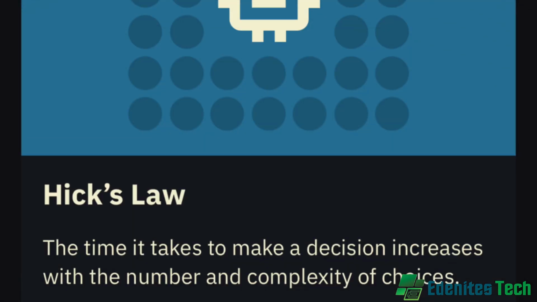Hick's law. The time it takes to make a decision increases with the number and complexity of choices. If you want your users to be able to go directly to make a decision, you don't give them multiple choices. And if you must, group them so it is easier for the users to make the choice.